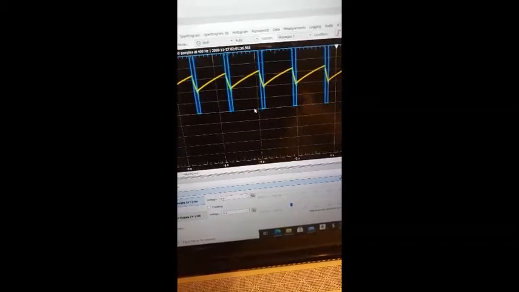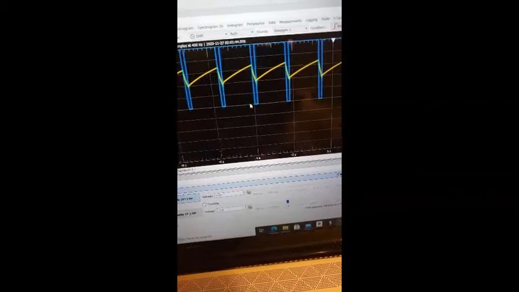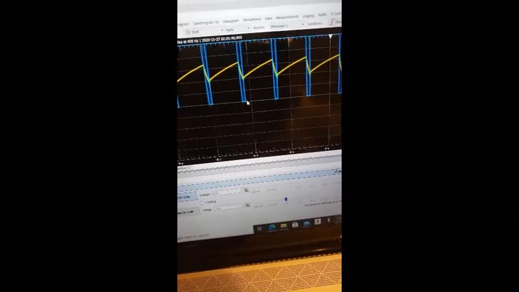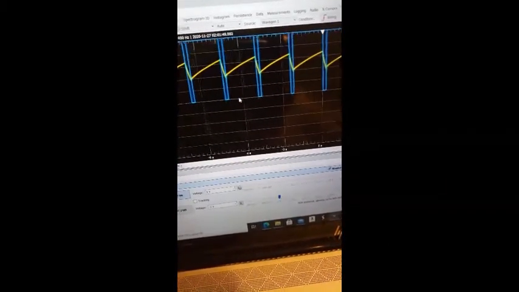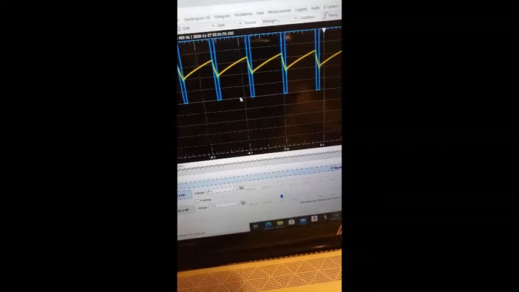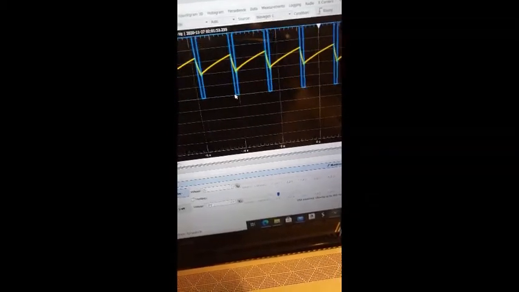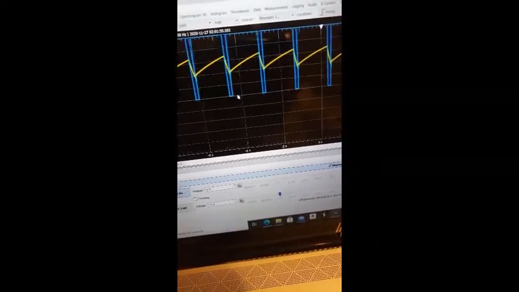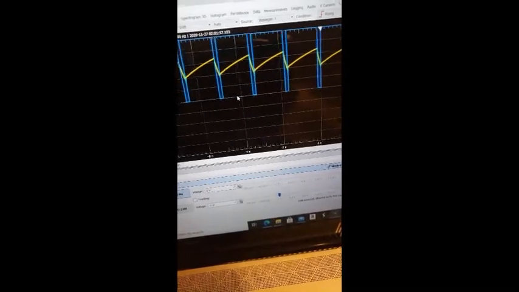So every 1 second, it triggers. So the astable triggers within a time frame of 2 seconds. So 2 seconds it triggers, 2 seconds it triggers, 2 seconds it triggers. So the time is 2 seconds, while the monostable is just 1 second.